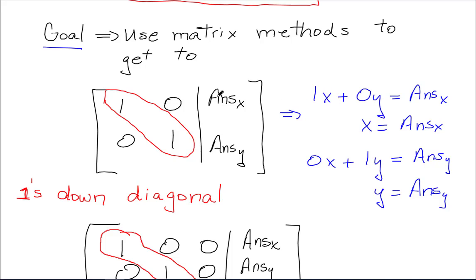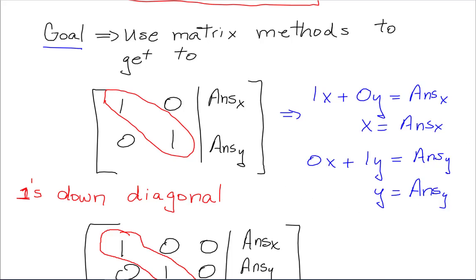Well, 1x, that's this 1, plus 0y equals the vertical line, answer x, and so you see 0y is gone and x is this thing that would appear on the right hand side. And similarly, 0x plus 1y, the thing that appears here would be the answer for y. So if we can make our matrix look like this, then the answer is going to appear on the right, and we can just read it off.